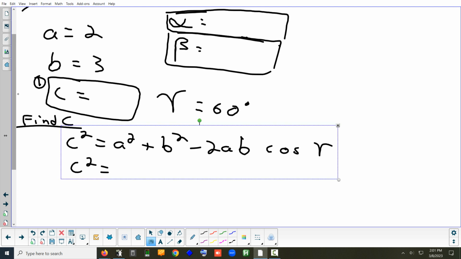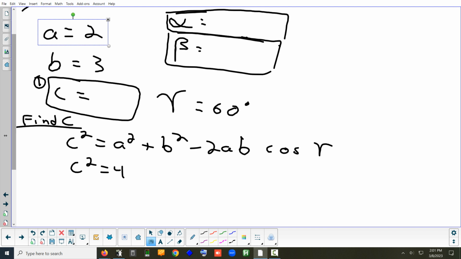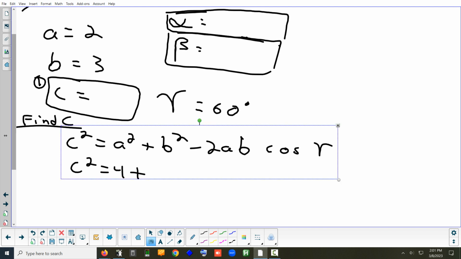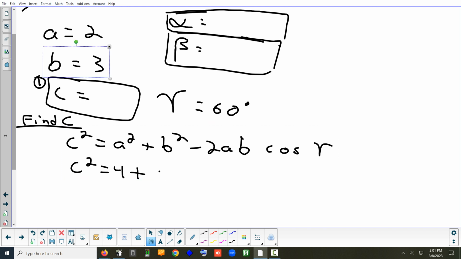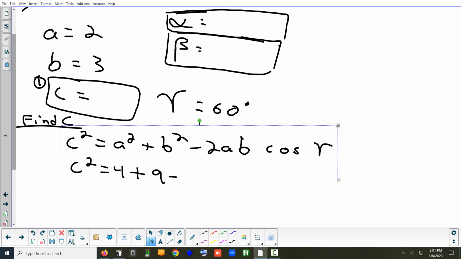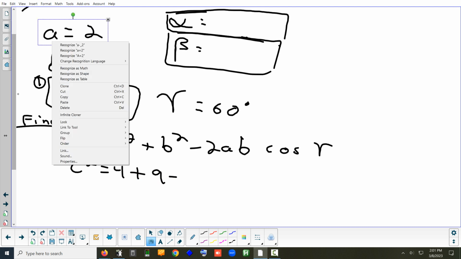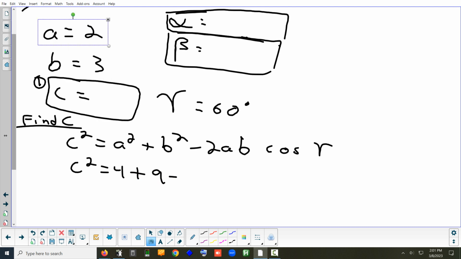What's A squared? That's 4. What's B squared? It's 9. Now I need 2 times A times B. Well, what's 2 times A? 4, right? 2 times A means 2 times 2. So A is 2.